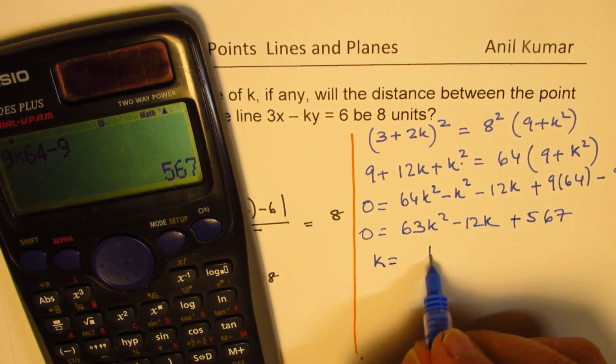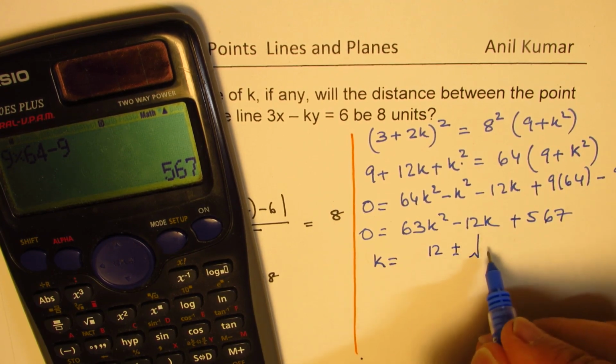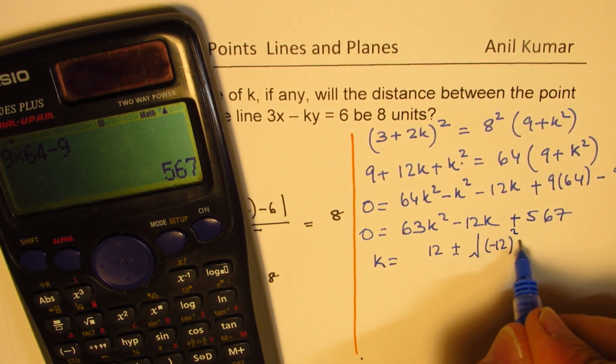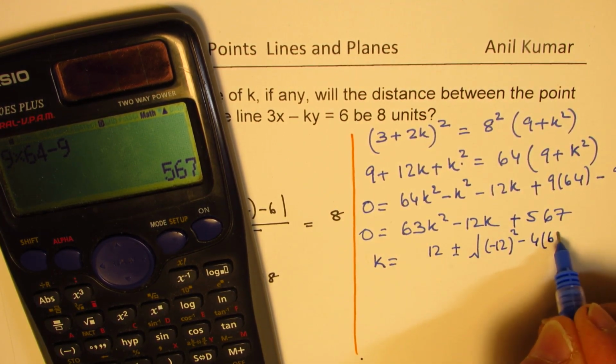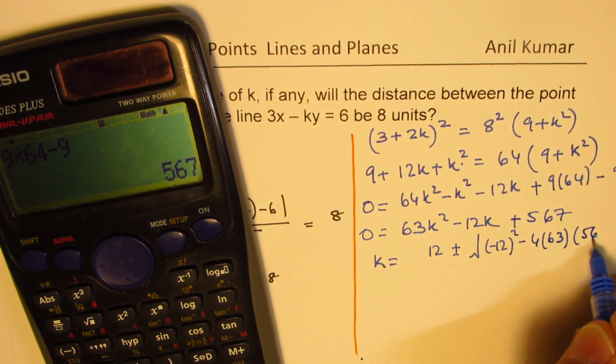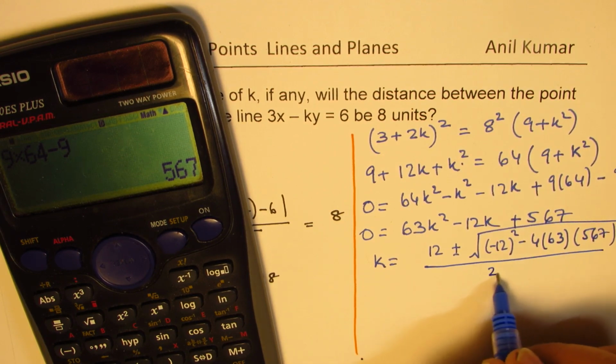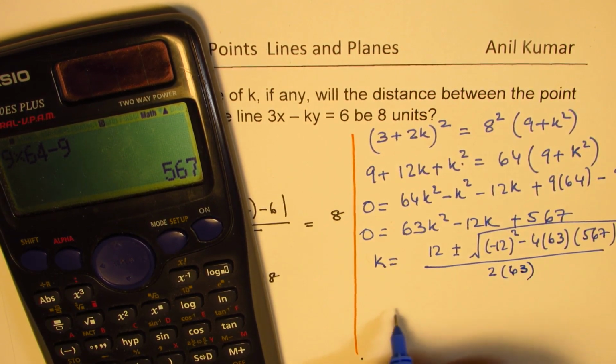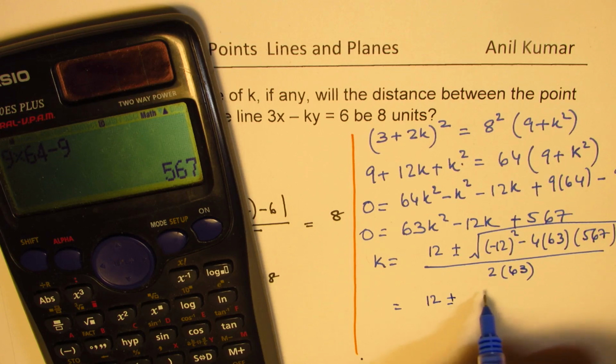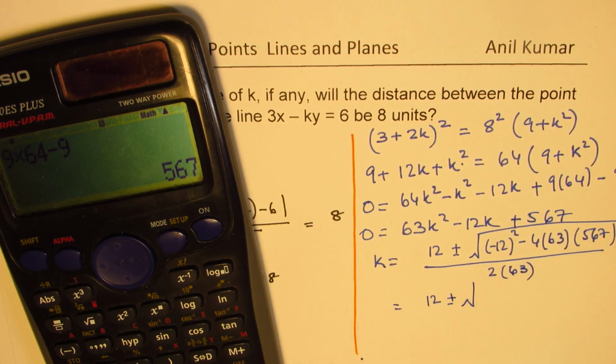So k equals minus b plus minus square root of b square minus 4 times 63 times 567, divided by 2 times 63. Okay, so that gives you 12 plus minus square root of, let's calculate this answer.